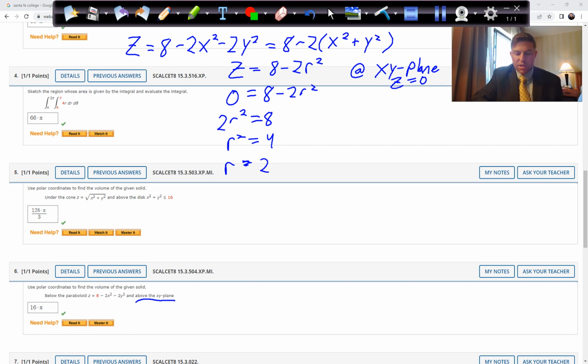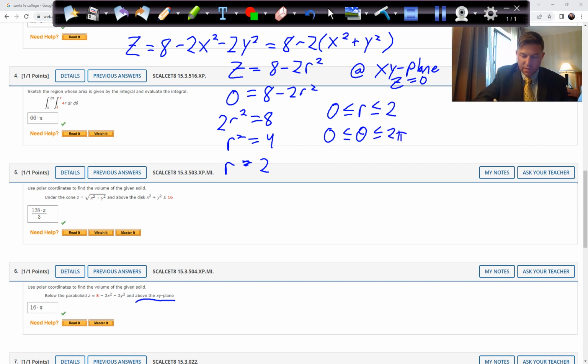So we just do our algebra there, and we'll get r has to be equal to 2 at the most. And I don't need plus or minus here because we know if r was negative, then we could be below the xy plane. So let's keep it as just positive. And so our limits of integration are r from 0 to 2. And since they don't tell us about theta, we're going to say that theta must go from 0 to 2 pi.